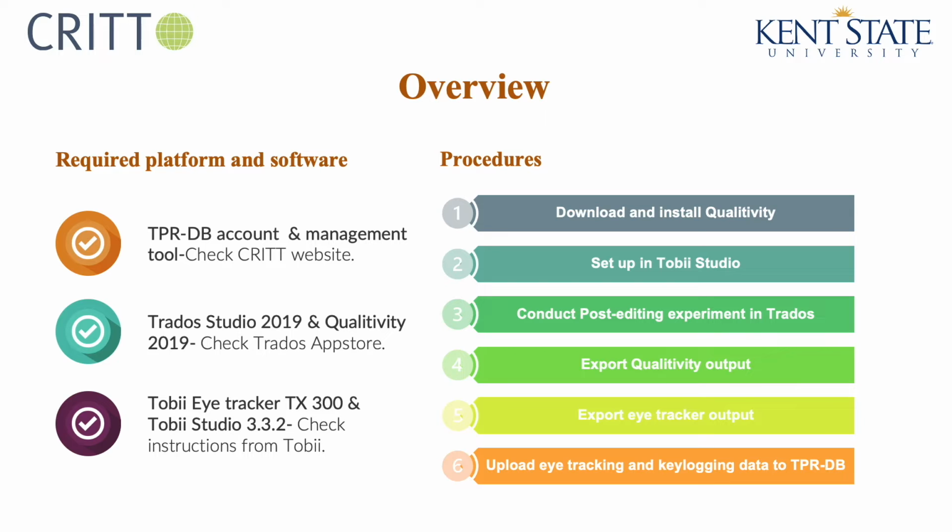Conduct post-editing experiment in Trados Studio to collect user activity data. 4. Export Qualitivity output and save keylogging data in the XML format. 5. Export eye tracker output and save gaze data in the TSV format. 6. Upload eye tracking and keylogging data to the TPR-DB.